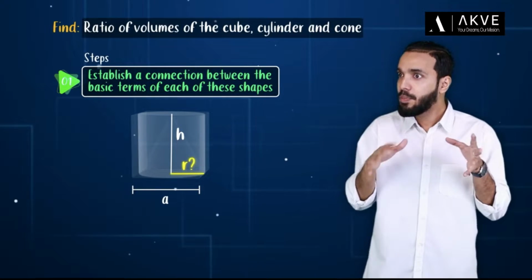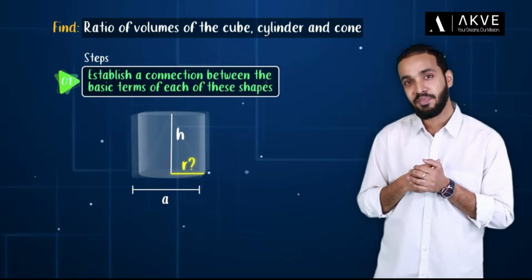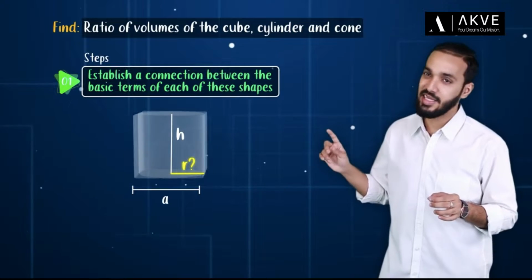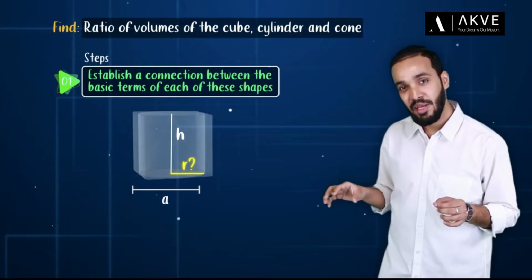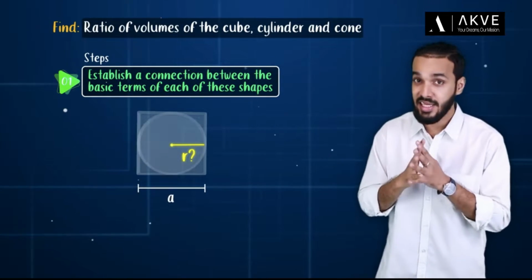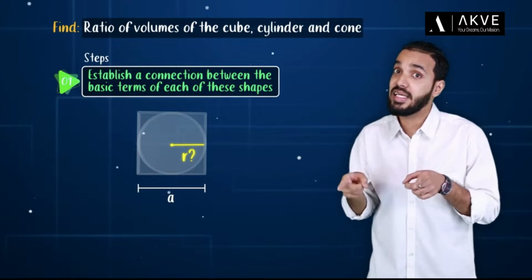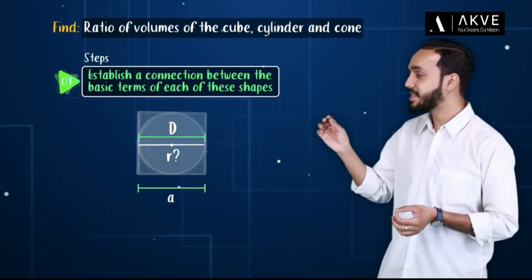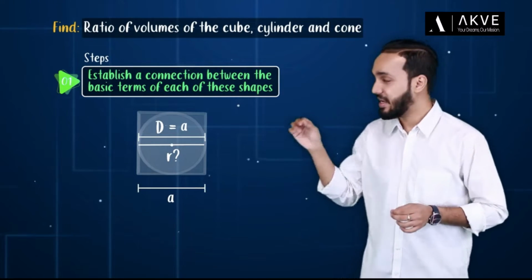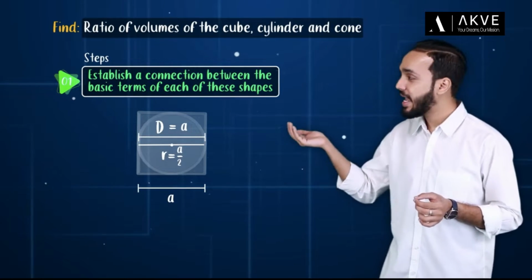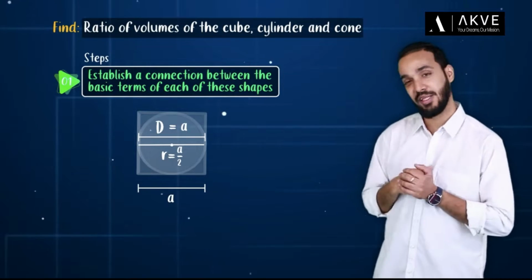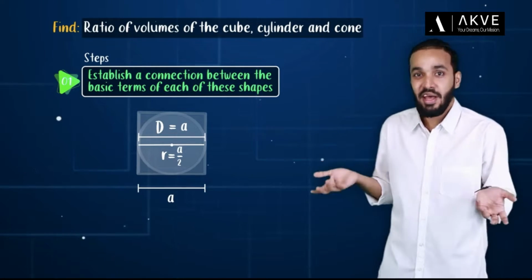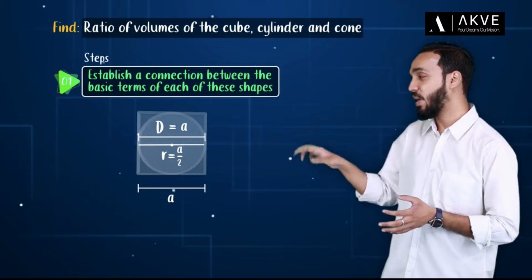So, let's say the edge length of this cube is A units. What then would be the radius of the cylinder? Well, the cylinder touches all the faces of the cube. So, this indicates that the cylinder has the same diameter as the edge length of the cube, which is A units. Thus, the radius of the cylinder is A by 2 units. It's kind of intuitive and the diagram makes it obvious.